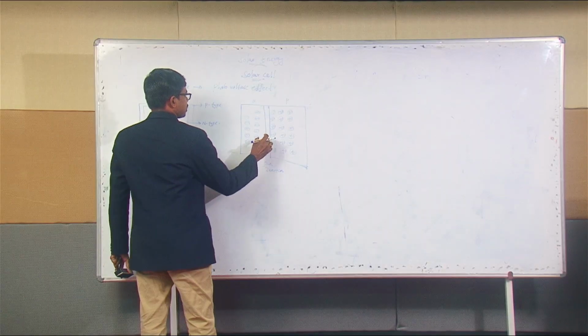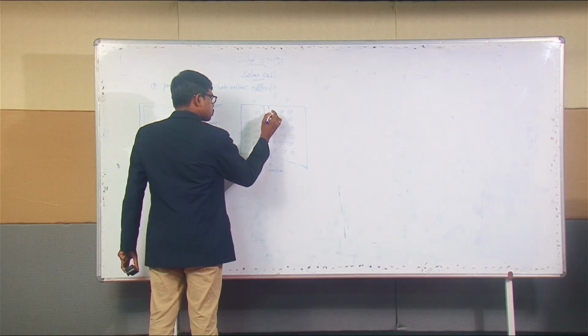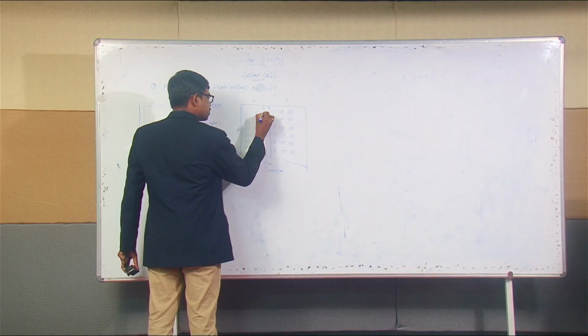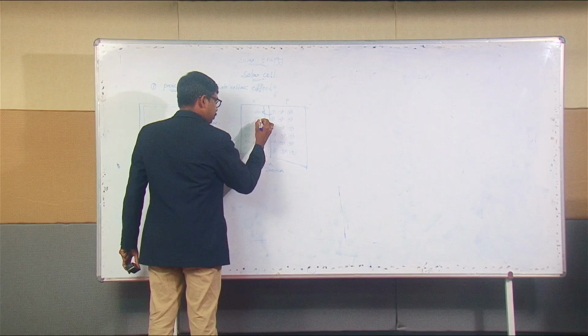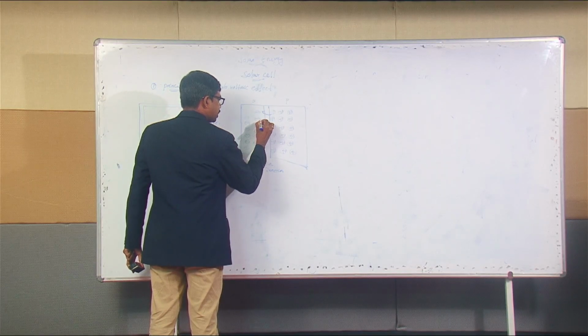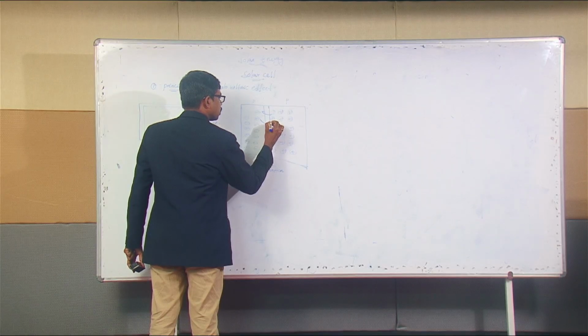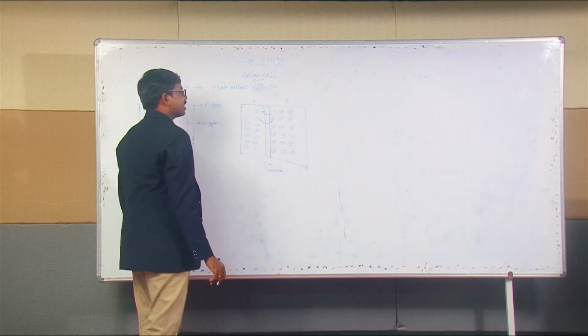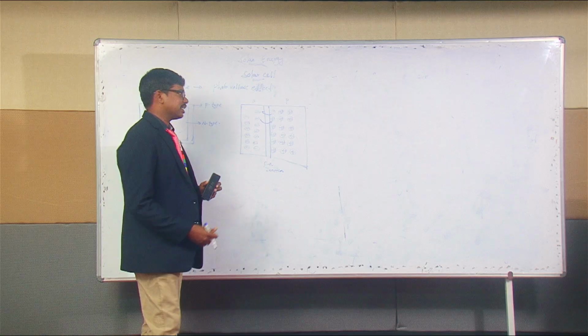Because in this case the positive holes move towards and cross the PN junction and reach the N type. At the same time the electrons from the N type move towards the P type, creating some double layer, just like that.